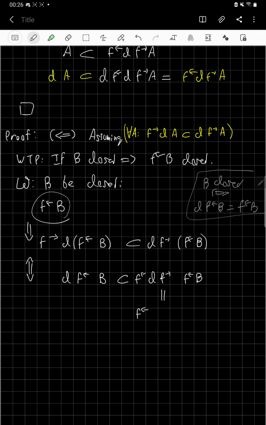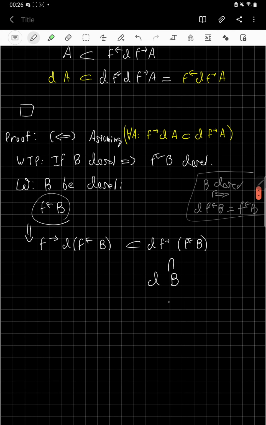Sorry. That's wrong, but it's somewhat true. But we don't need to go there. This is smaller than B. Therefore, the closure is also smaller. So this is smaller than B, which is equal to B, since B is closed.